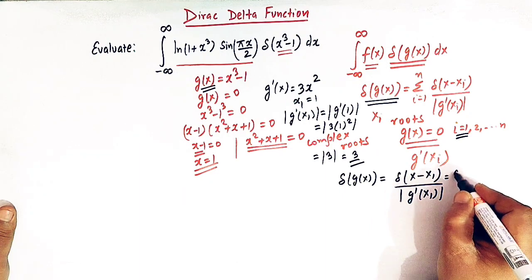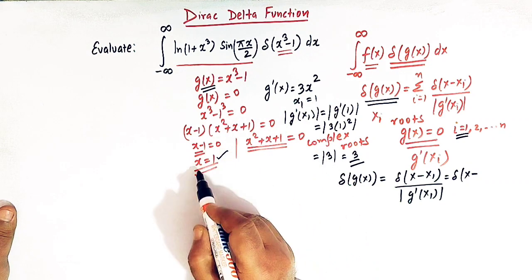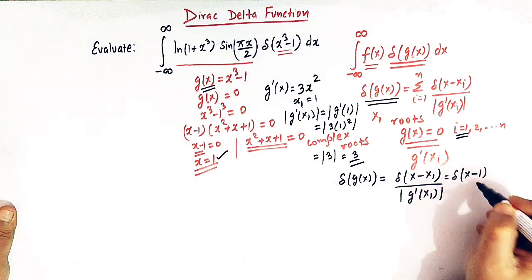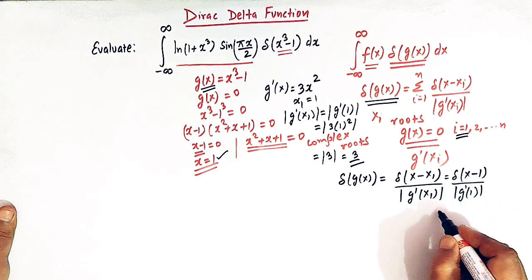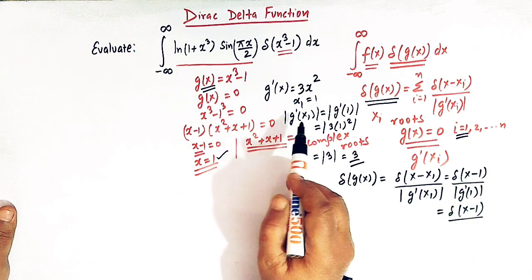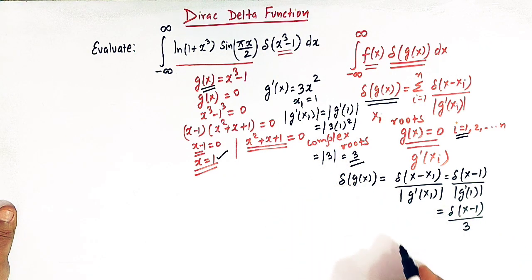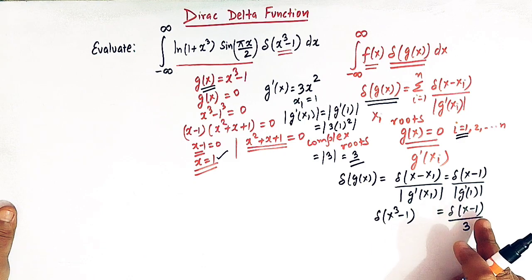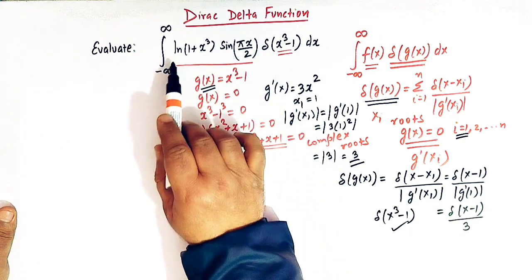X1 is 1, because we have only one root, x equal to 1, and mod of g prime of 1 is equal to 3. So delta of g of x, that is delta of x cube minus 1, is equal to delta of x minus 1 over 3. Now let us substitute this value in this integral.